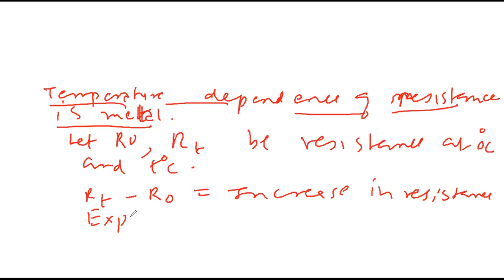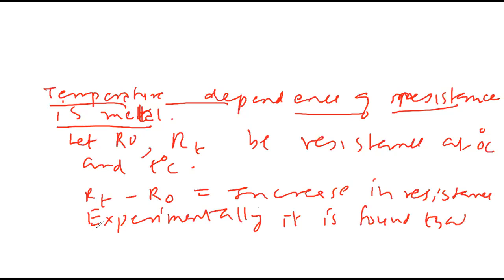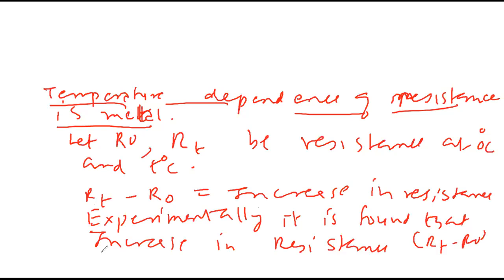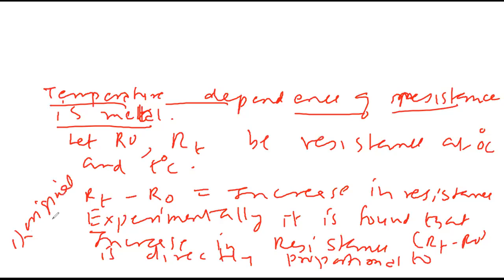Experimentally it is found that the increase in resistance, RT minus R0, is directly proportional to first, the original resistance R0, and second, the increase in temperature delta T.